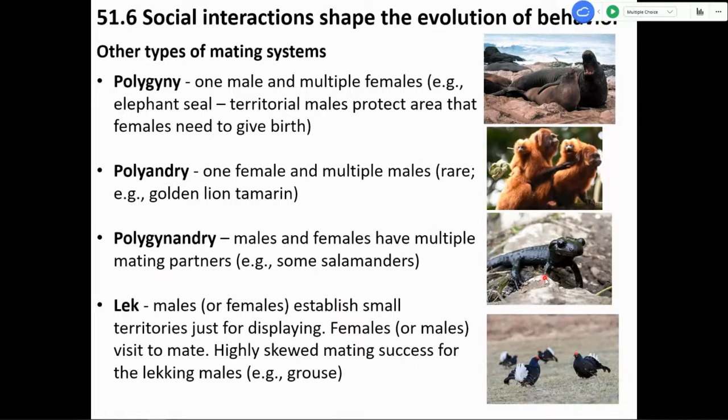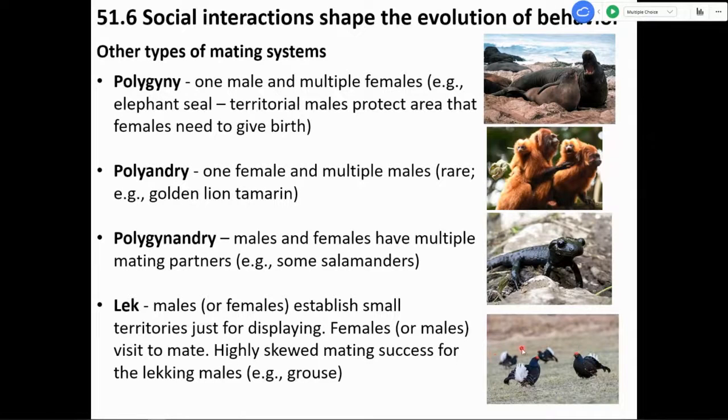We'll skip over. So salamanders, males and females, have multiple mating partners. I can't remember the details of what drives that. And in leks, this is where you often get this in birds, where males or females establish small territories just for displaying. So you get this in things like grouse, where in one communal area different grouse will congregate and defend little territories and try to attract mates to them.